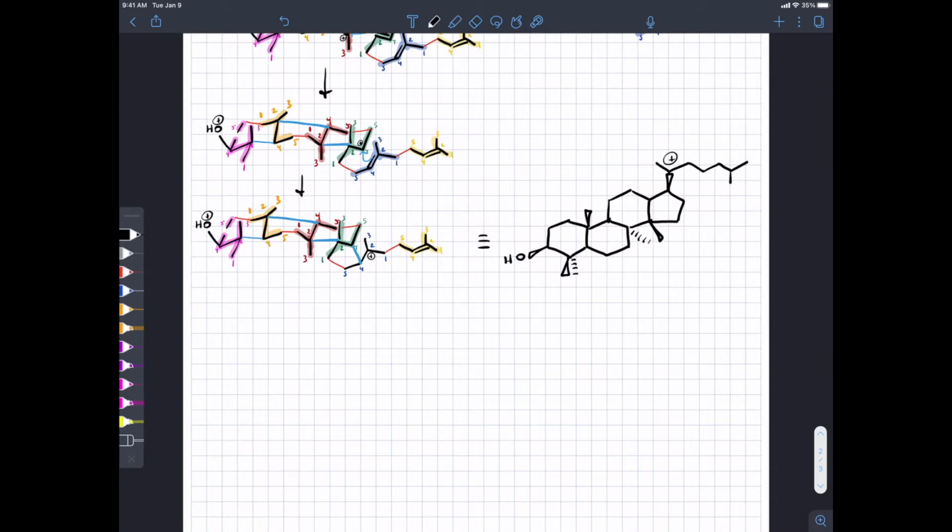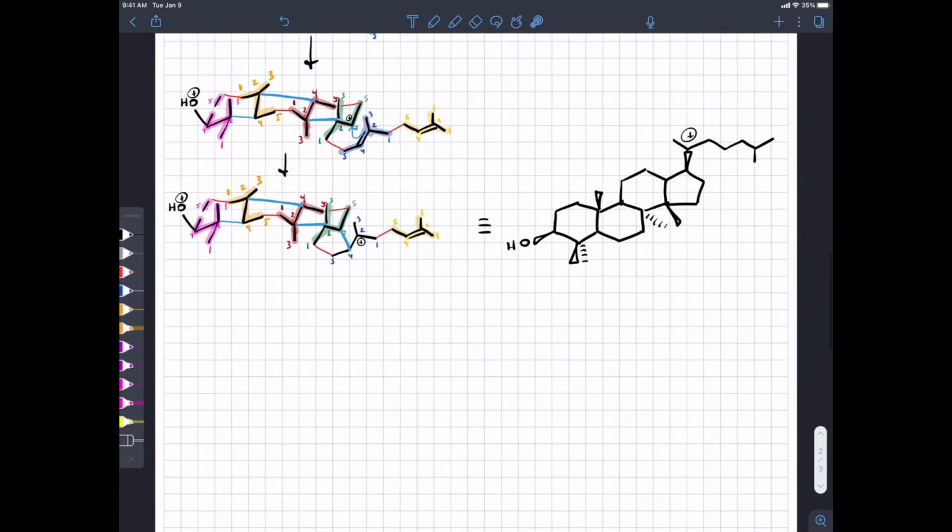And I won't highlight the individual isoprene units over here, but you can go back and do that if you'd like to. So now we've made this elaborate system and we have a positive charge there. Okay? But that's not all. There's more pain.